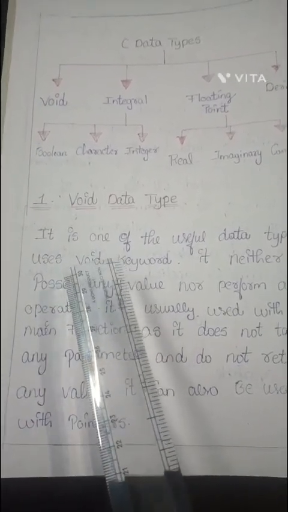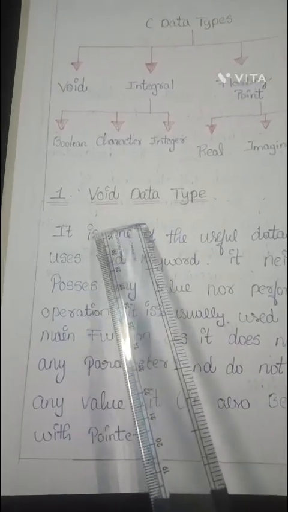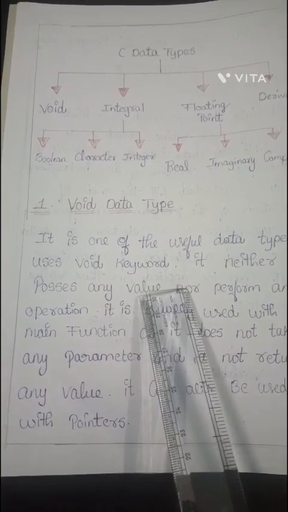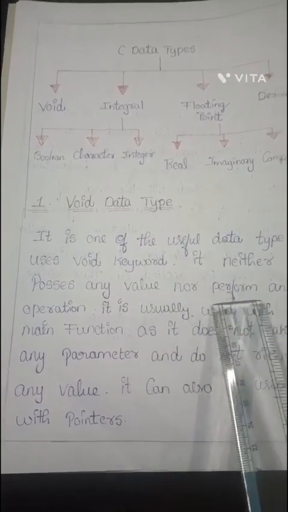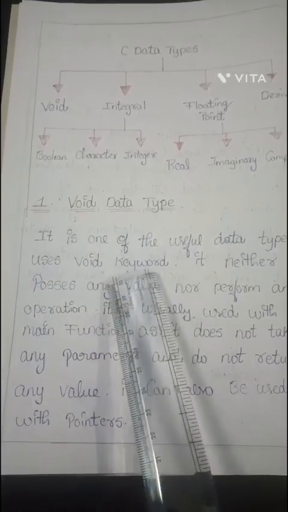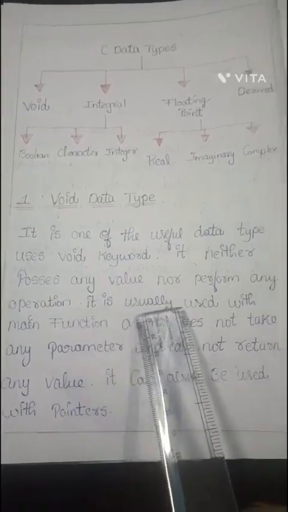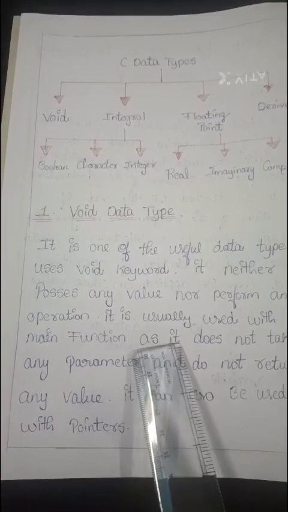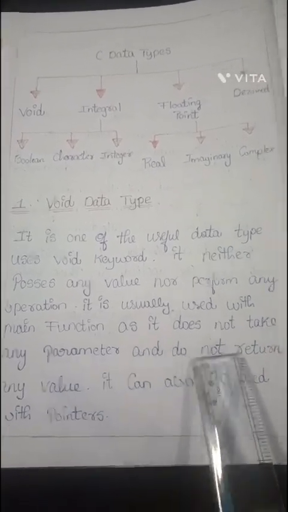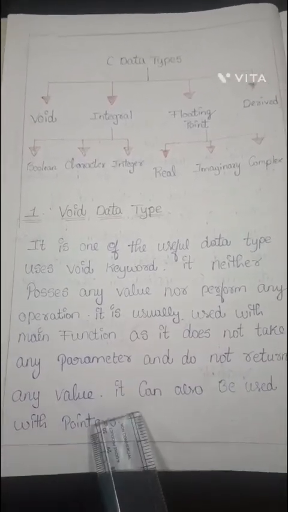Void cannot access any value, and it cannot perform any operations. It is usually used when the main function does not take any parameter and does not return any value. It can also be used with pointers.